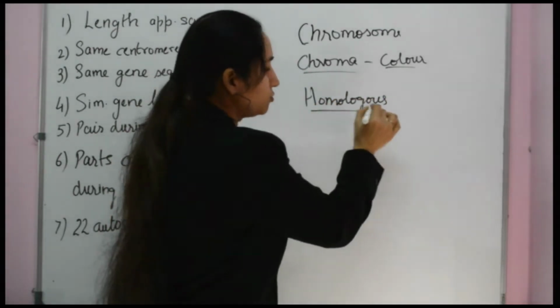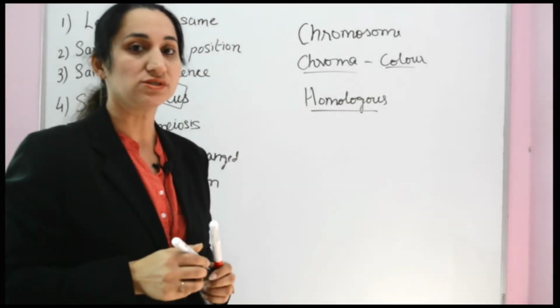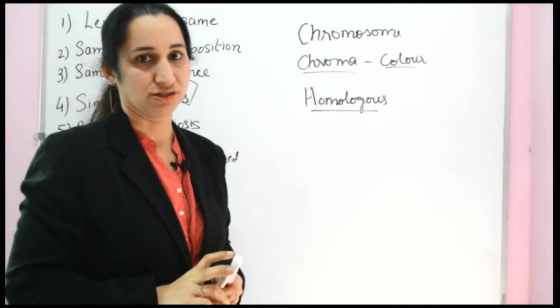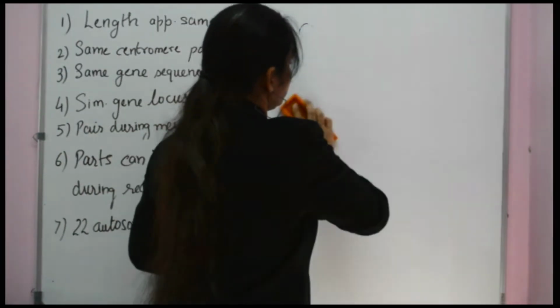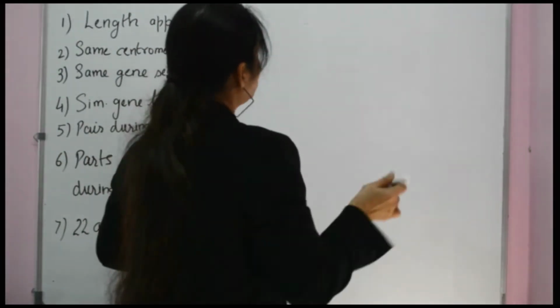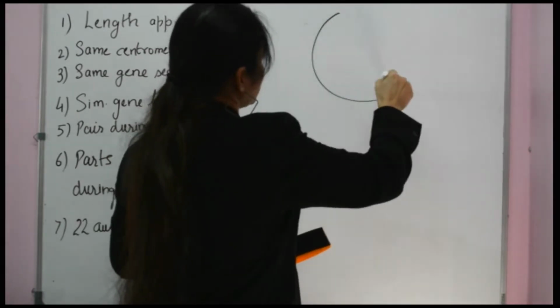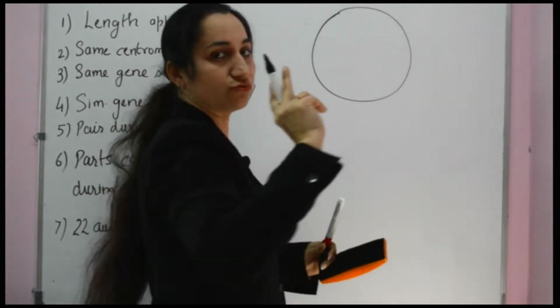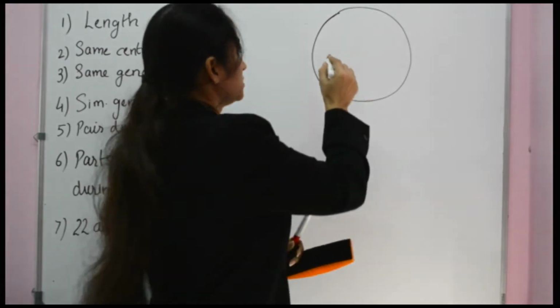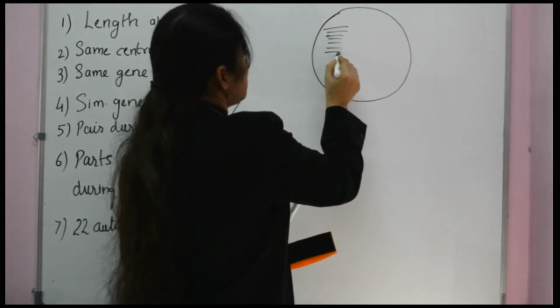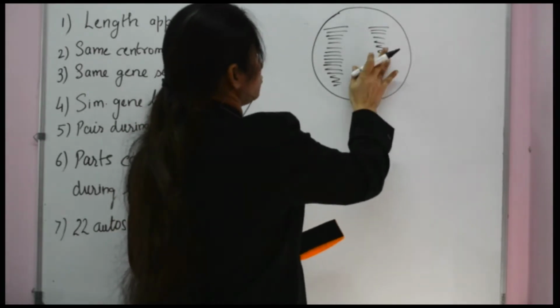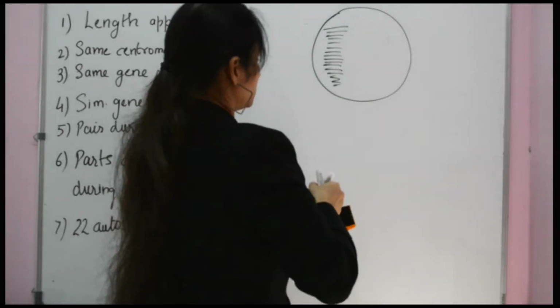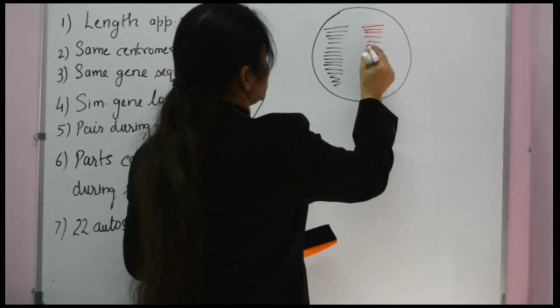To understand homologous chromosomes, we need to start from scratch. Now we know that a diploid cell has two sets of chromosomes, right? Let us suppose this is one set of chromosomes and this is another set. Let us make another set in a different color.